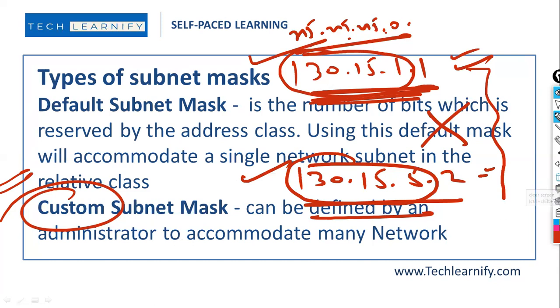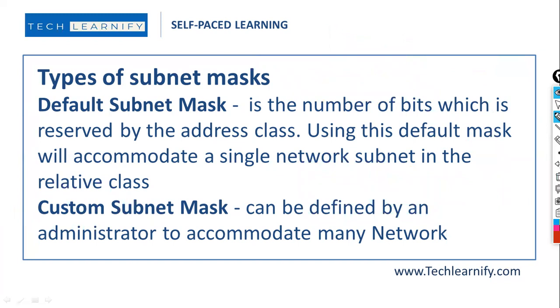Always mention the subnet mask, right? Means IP address and then subnet mask. An IP address alone is literally not of any use, no significance at all, right? So whenever we mention an IP address, then the subnet mask is mandatory.